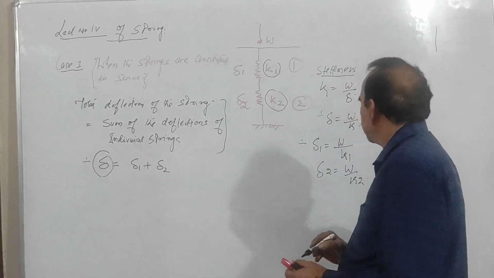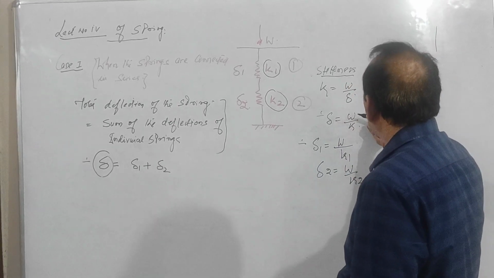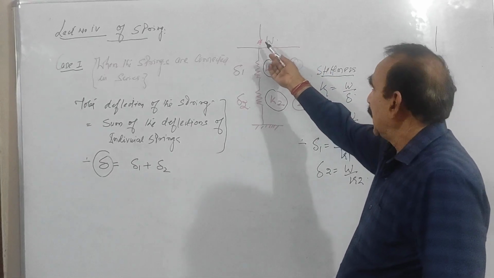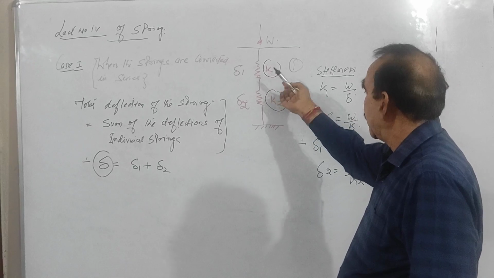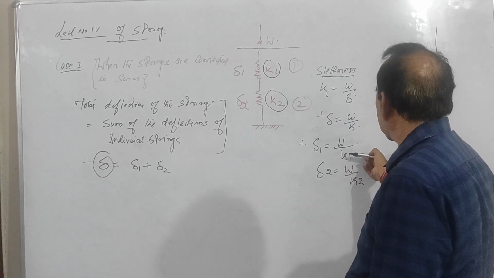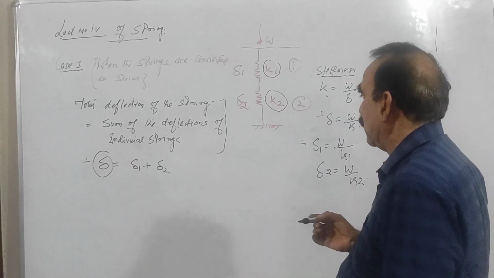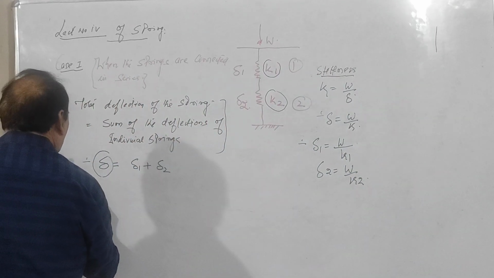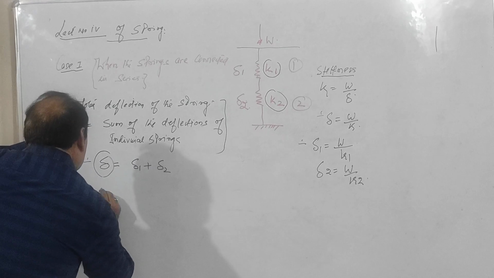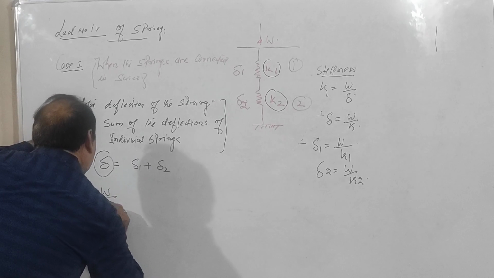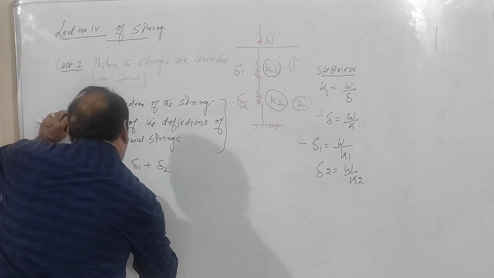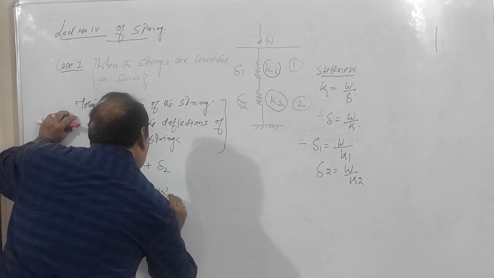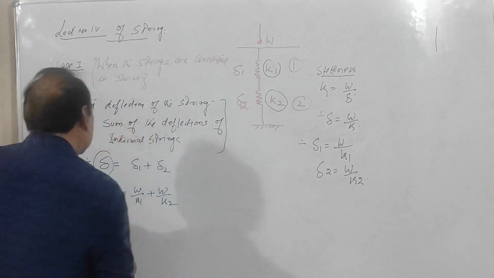So delta is equal to W upon K, as the load W is acting on the spring. Substituting these values, W upon K is equal to W upon K1 plus W upon K2.